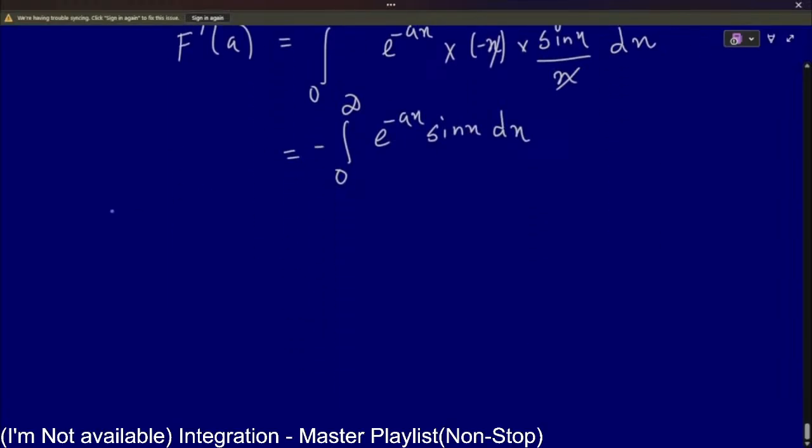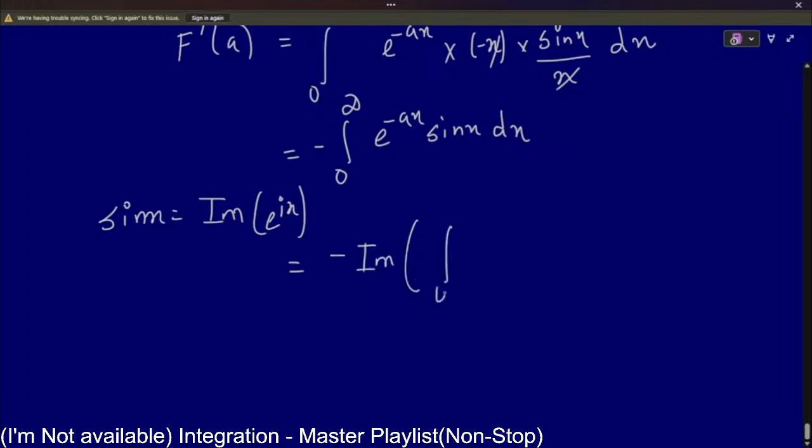First of all, remember that sin x is the imaginary part of e to the power ix. If you do not know this result, it would be covered in the complex numbers video. This is from the famous equation e to the power ix equals cos x plus i sin x. Continue this to get minus the imaginary part of. Now, inside you can write the whole integral. So what does the integral become?